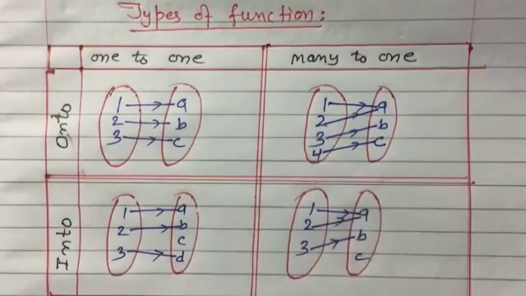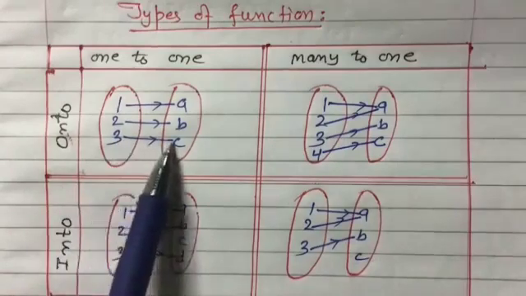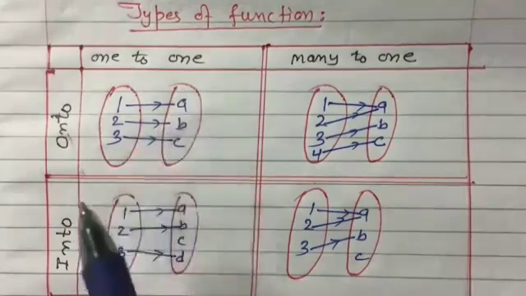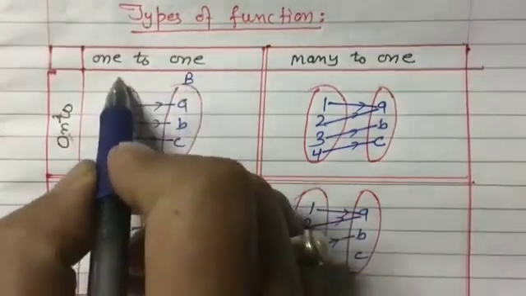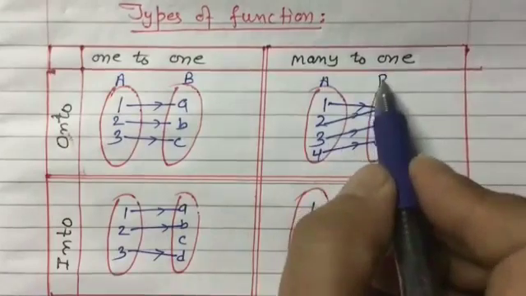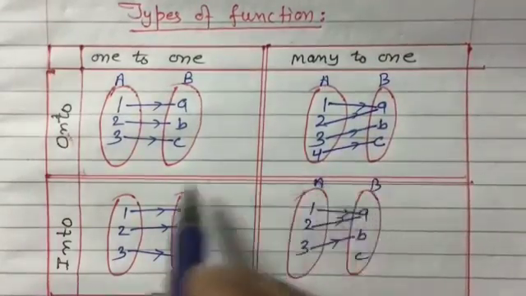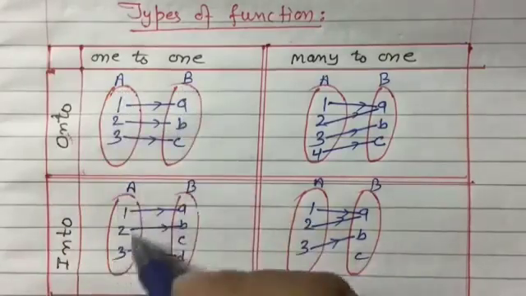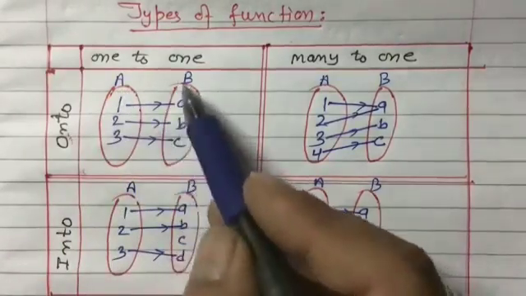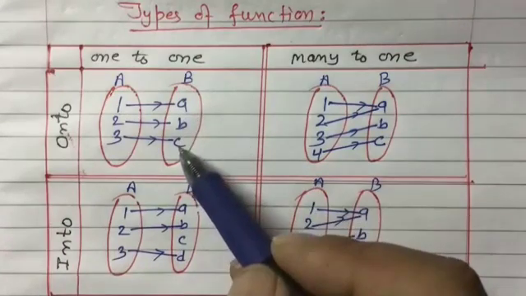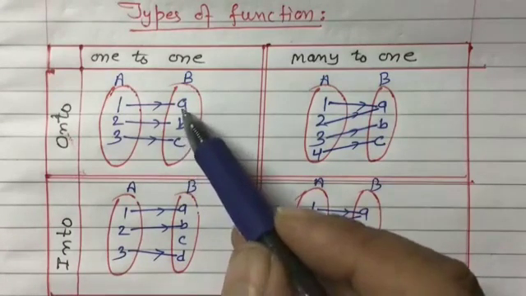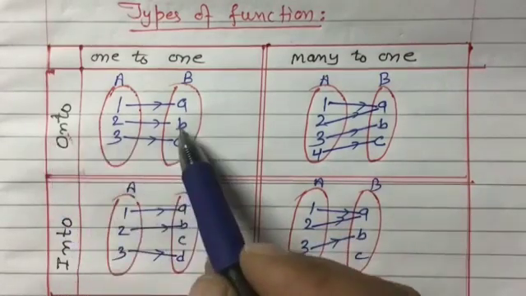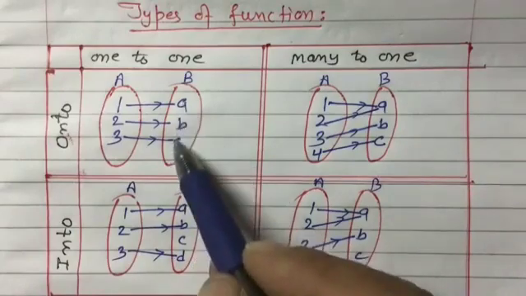Look at this example here. This is the first set, the domain, set A, and this is the codomain, set B. Here the codomain contains the elements A, B, C, and the range also contains A, B, C. So in this function, codomain and range are the same.